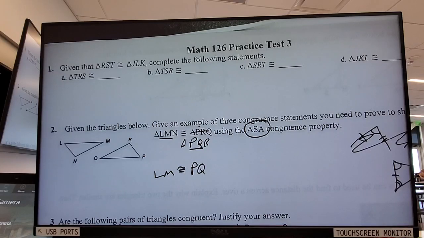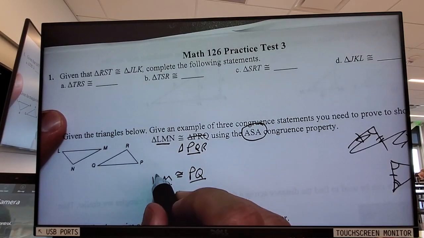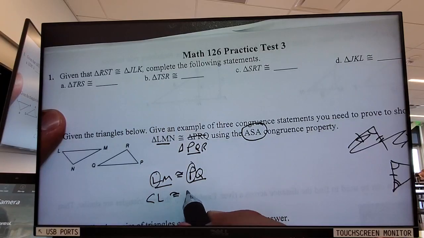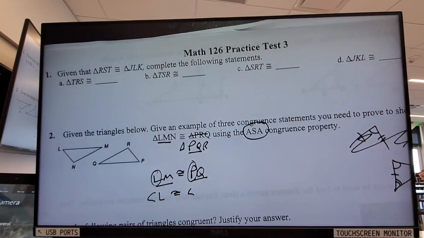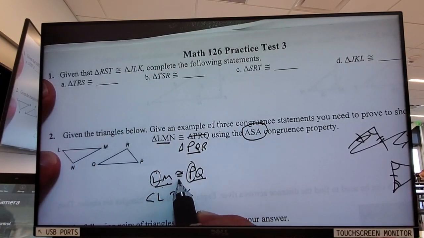So whatever you pick, this is kind of nifty. If you pick side LM and side PQ, then you basically need angle L to be congruent to angle Q. Let me take a moment. I just looked at the letter P and said Q. So let me stop. LM congruent to PQ.